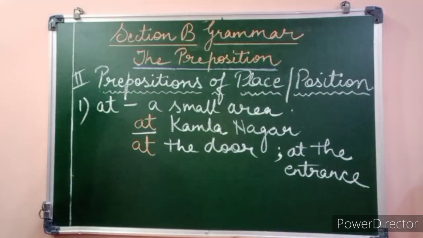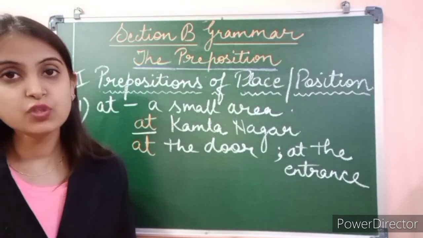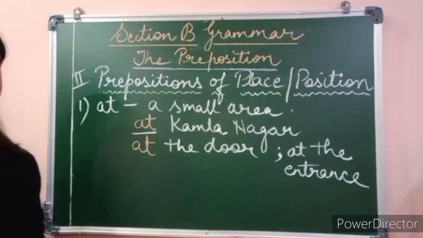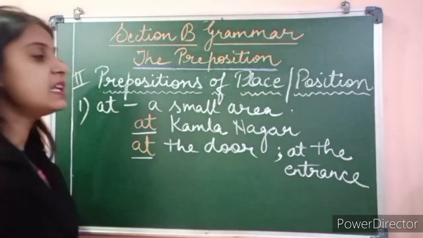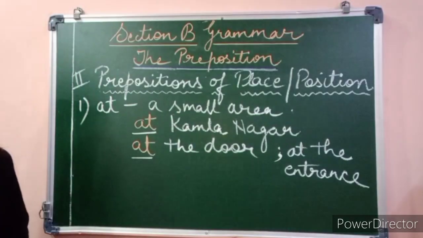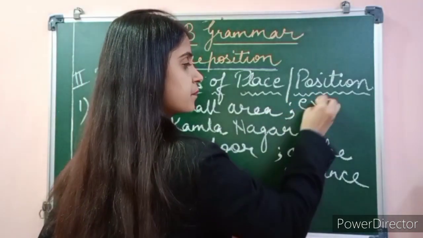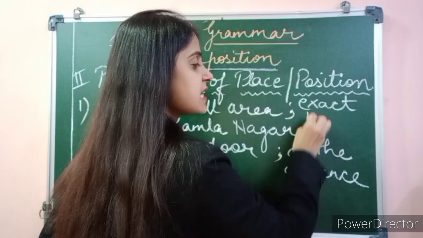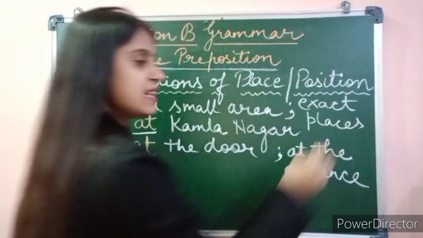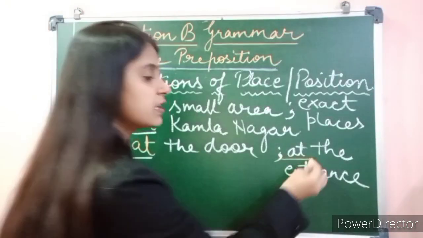When any noun is at a specific position, or you can say the exact position, then also we use preposition at. So at is basically used when we talk about a small area or when we talk about a specific or exact place. All right, so these are uses of at when it is used as a preposition of place or position, right? So I hope children this is clear to you.